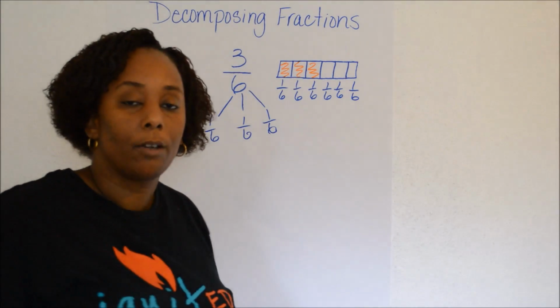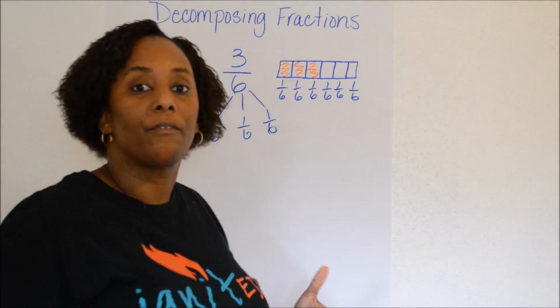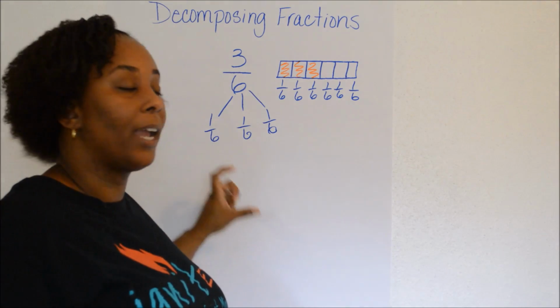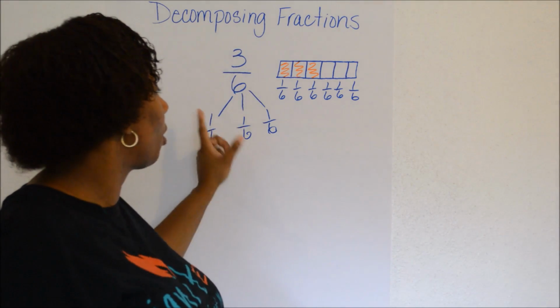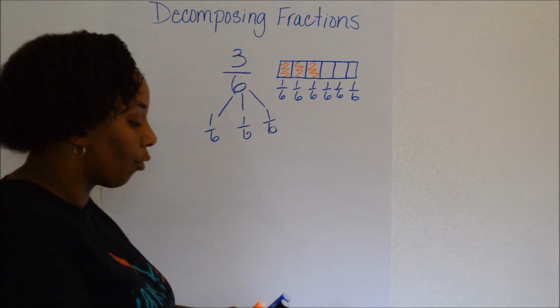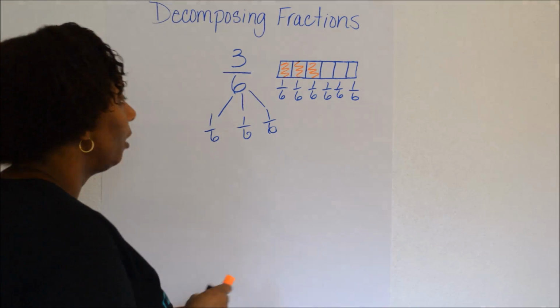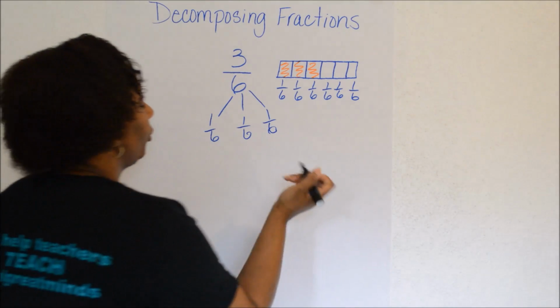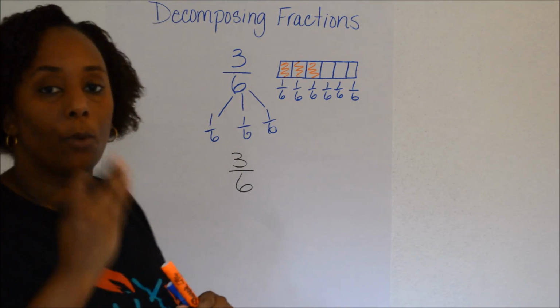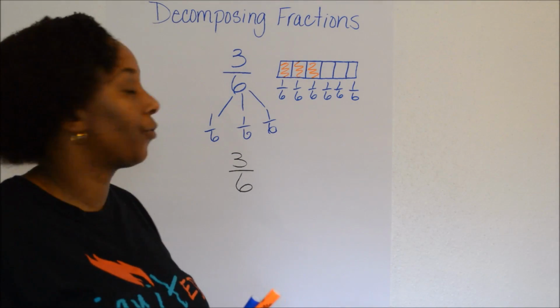Once the students have learned how to decompose fractions and have gotten really, really good with it, there's another step that you can take with them to help them move from, okay, we're just talking about 1/6, 1/6. They can also move on to using the same fraction, 3/6, but what is another way that we can decompose this fraction?